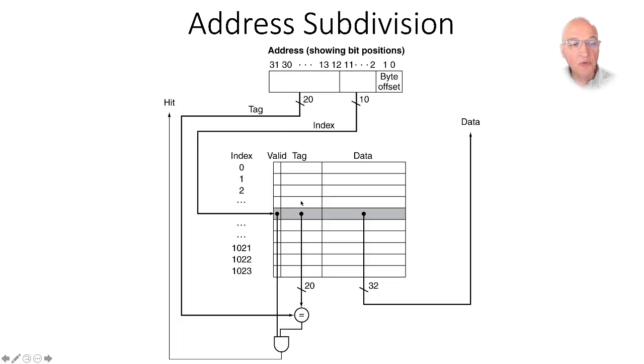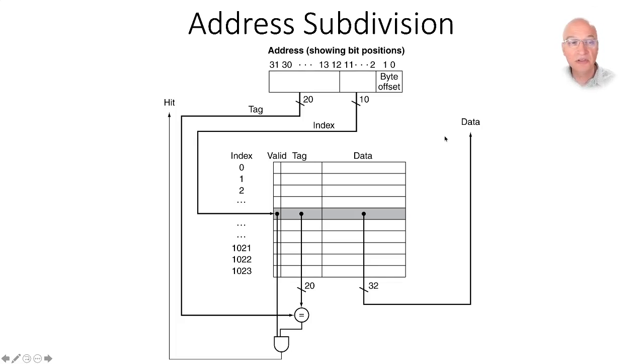So I'm going to take the 20 bits in the tag here, and I'll compare them with the 20 bits in the tag of the access that the processor is making. And if those two numbers are the same, and the valid bit is 1, then I will tell the processor that that's a hit. I have the data in the cache, and I'll take the data and provide it to the processor.